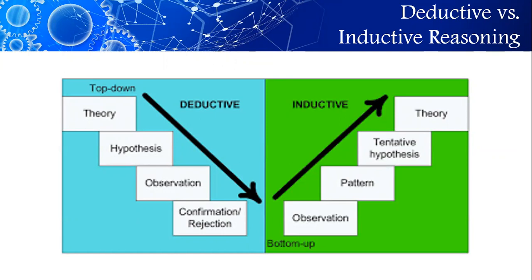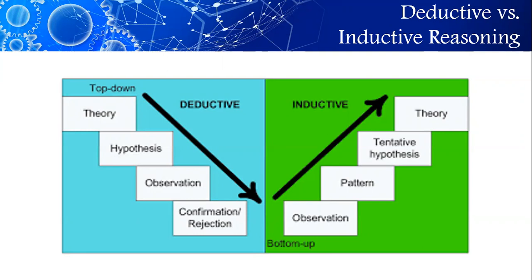By contrast, when it comes to inductive reasoning, we typically make our observations. We look for patterns in those observations, and then we come up with a tentative hypothesis, and then we pose a particular theory. So we're starting from the bottom up in this sense, in that we're allowing the data to inform us.